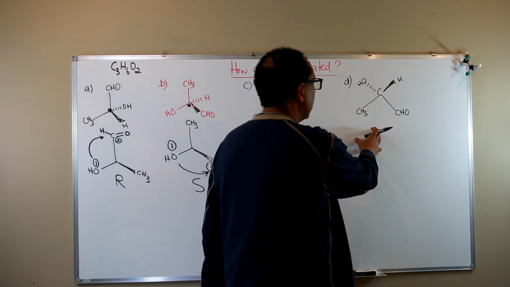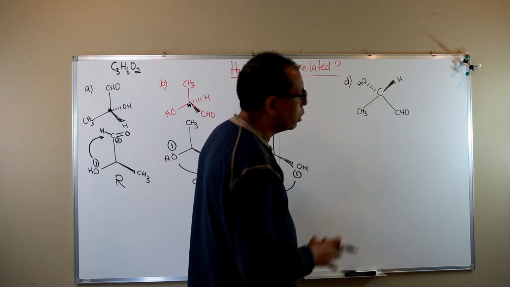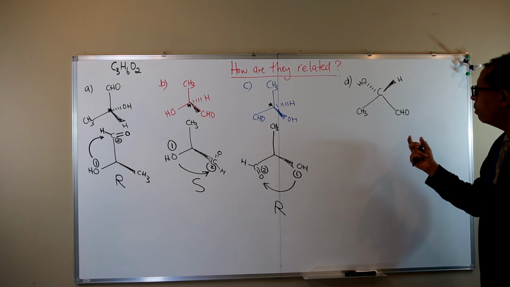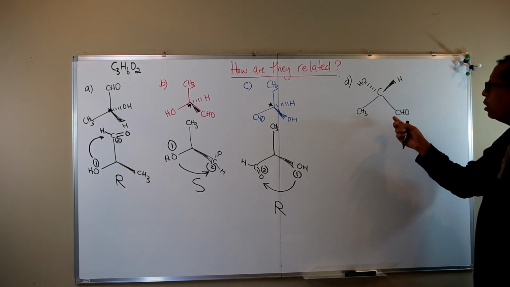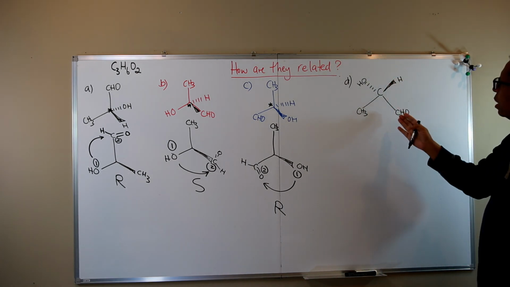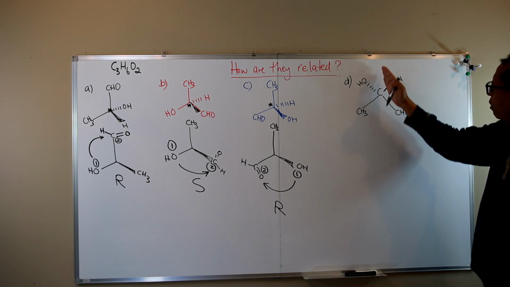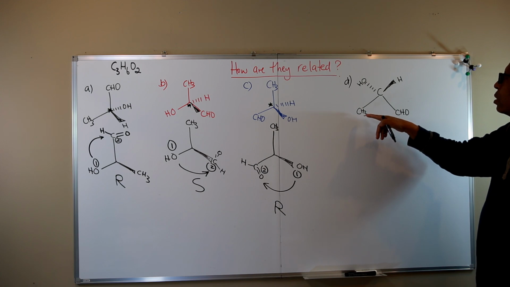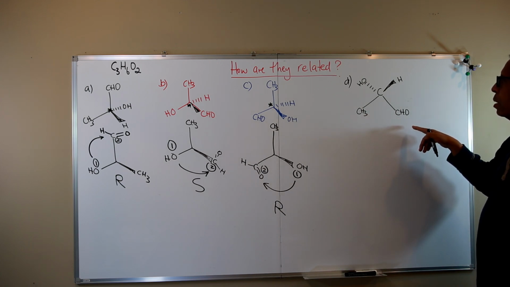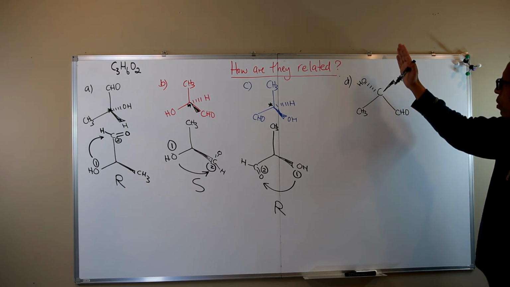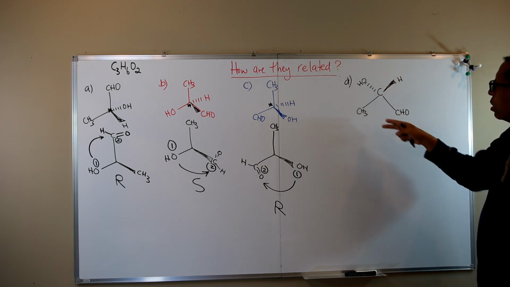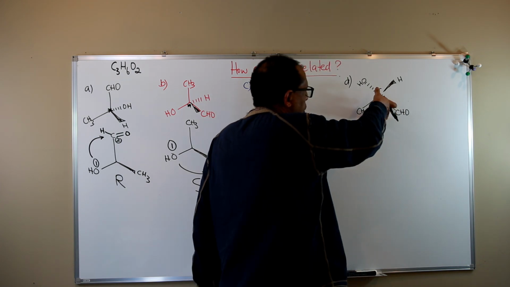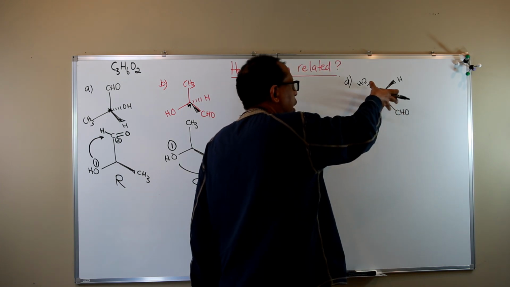Here, when it comes to this one, you have to be kind of careful. The way it is drawn might be a little difficult to see, but what I will do is just push back the CHO group to be vertical, push it like that, so then the CH3 would come here. Okay, so the CHO would be there and CH3 would be here. So what I'll do is just rotate it on the plane of the board like this.